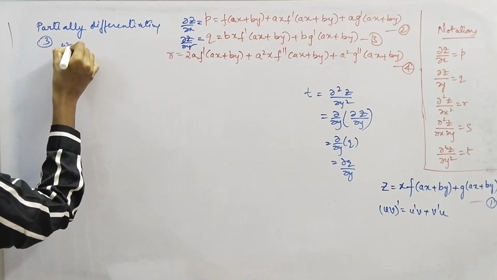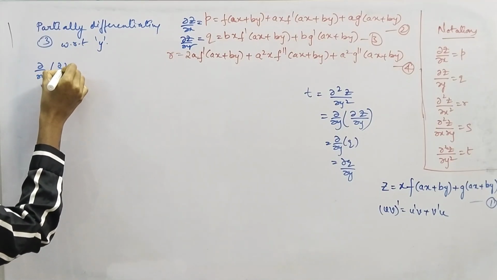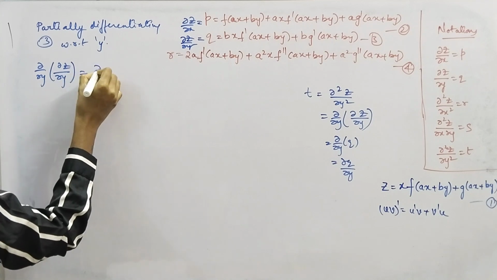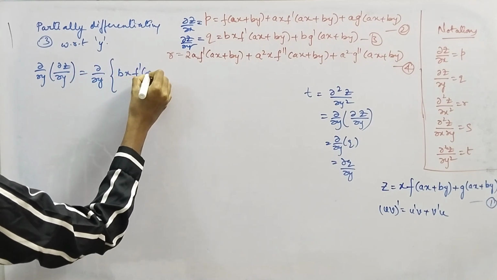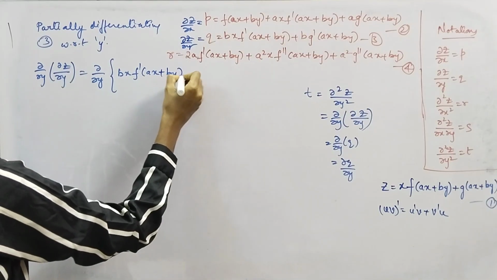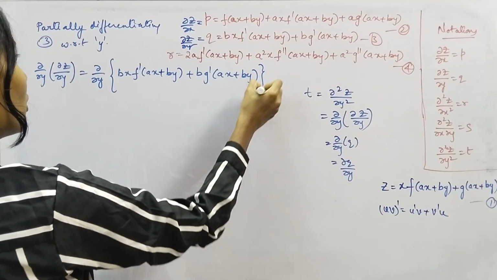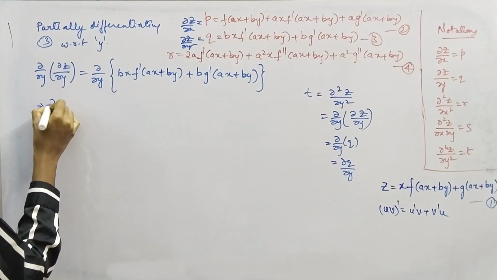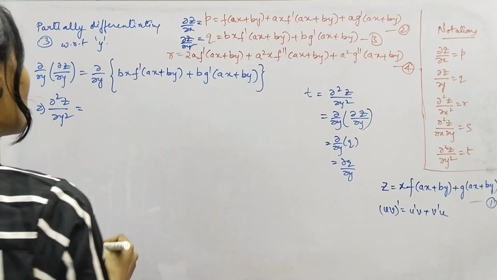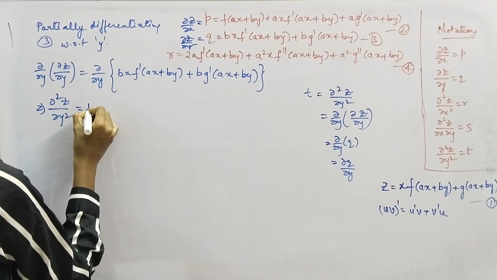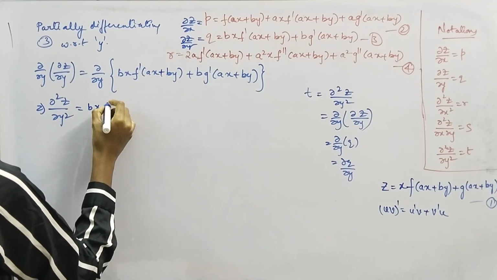Partially differentiating 3 with respect to y. Just apply dou by dou y on both sides of 3. Here we are partially differentiating with respect to y, so we'll treat x as constant. So this gives us dou square z by dou y square equal to bx, which is constant, into partial derivative of f dash, which is f double dash.